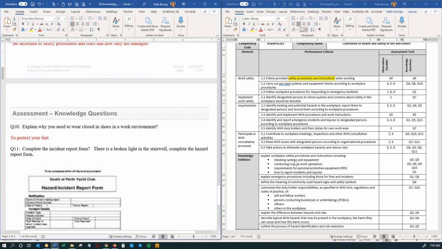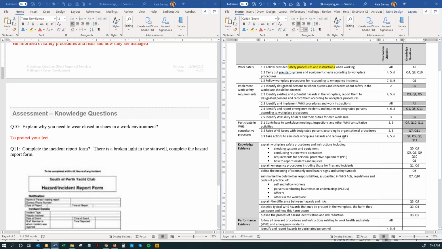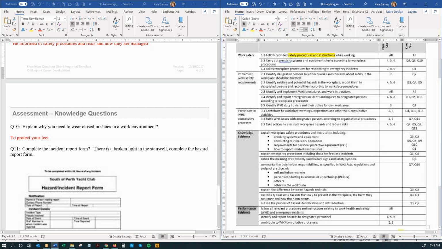It's important that you look at the language in your performance criteria or your knowledge evidence areas. If it says explain, then you need to ensure they can explain. If it says define the meaning of, then you need to make sure they can define the meaning of. So you write the knowledge questions based on your knowledge evidence, then you map those same questions back up here into your performance criteria requirements. Just note that where you've got performance evidence requirements, so these are the skills, you don't have to map into that.